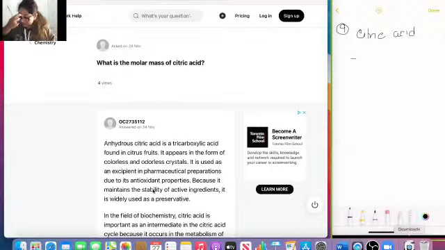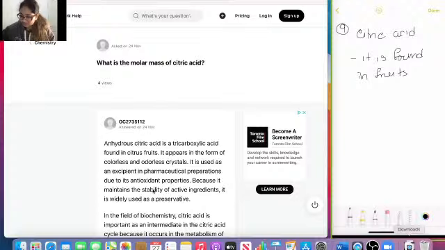This is basically a weak organic acid. It's found in fruits. I don't know if you've ever noticed, but if you're buying soap, you can see it says made from citric acid.